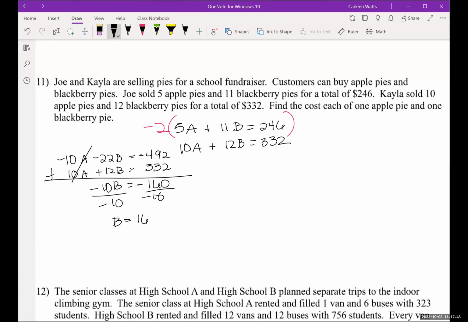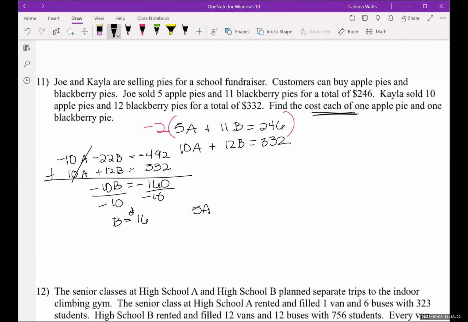It doesn't mean 16 pies. What does the 16 refer to? Dollars, right? So the blackberry costs $16. Now, I'm just going to warn you. Because it just generates very similar problems over and over again, some of the numbers may end up unrealistic because you're like, oh, a blackberry is $39 and an apple is $5. It just happens sometimes. Okay, let's plug it in.